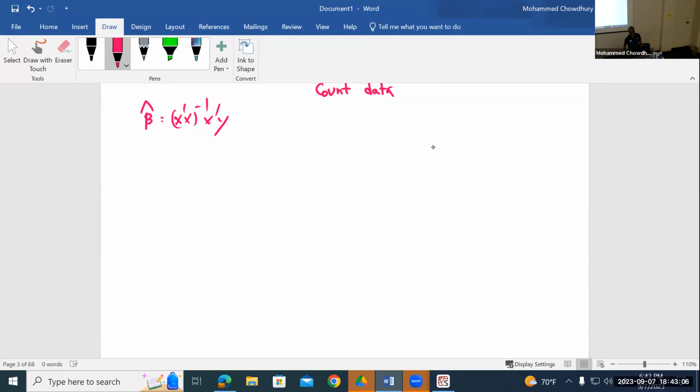One of the limitations of the Newton-Raphson method is the initial guess. If the initial guess is very bad, in that case, you might end up with a wrong solution. Are you understanding? For example, USA GDP is in the trillions of dollars, right?